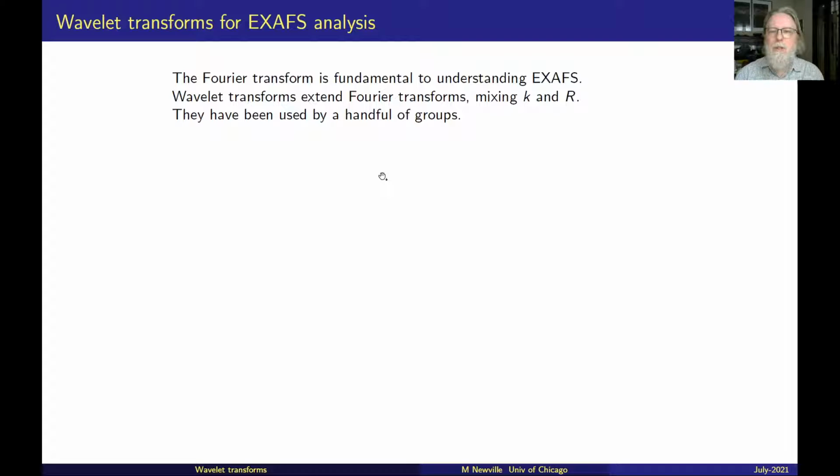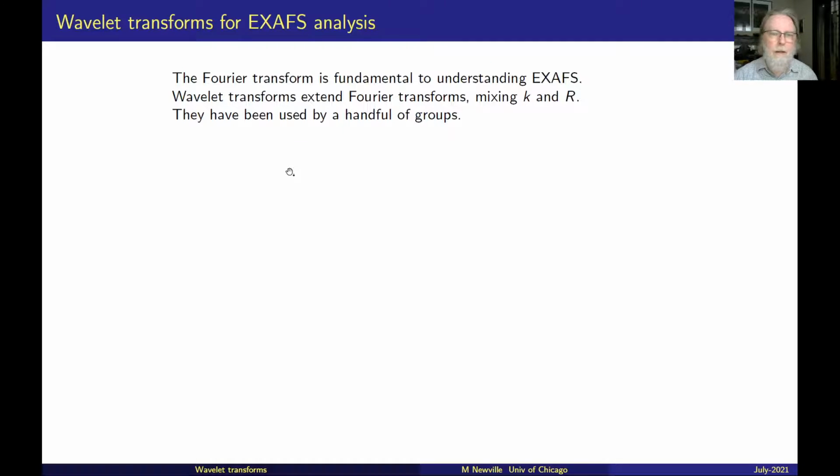Finally, I just want to show you that we've looked at Fourier transforms, and it's fundamental to understanding XAFS, but wavelet transforms extend the Fourier transform by mixing k and R space. And they've been used by a handful of groups for XAFS analysis and can be pretty illuminating in understanding the nature of the XAFS and highlighting the different phases that I showed here by changing k-min and by changing the k-weighting.